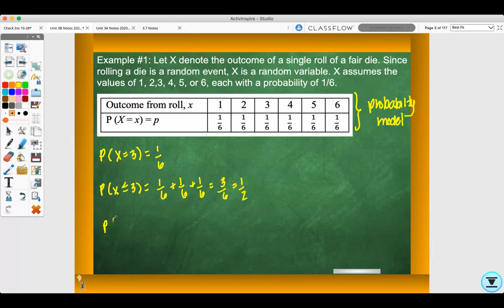But the probability that X is less than 3 does not include 3, so it would be different. It would be 1/6 for the 2 plus 1/6 for the 1, which would give me 2/6, which is equivalent to 1/3. But you are free to leave it as 3/6 and 2/6 if you would like.